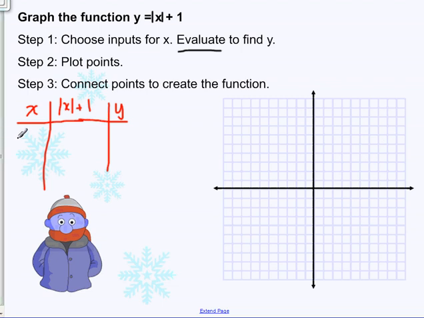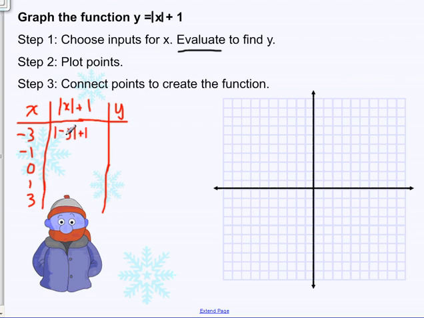For easy sake, I'm going to use -3, -1, 0, 1, and 3. It is very common for people to just choose those. Not only does it make the actual math easier, but when you're graphing, you're not having to graph like 25, which is going to be way up out of my screen. You can't even see it. From here, I'm going to plug my different x's into my function. So I'm going to find the absolute value of -3 and add 1.